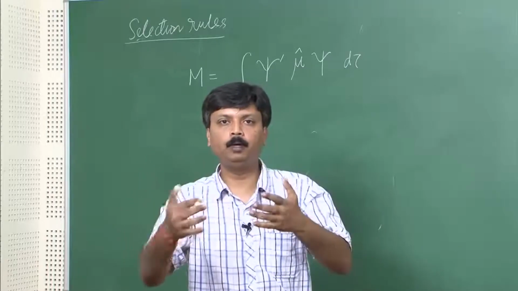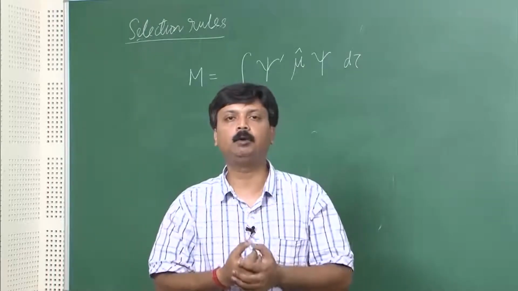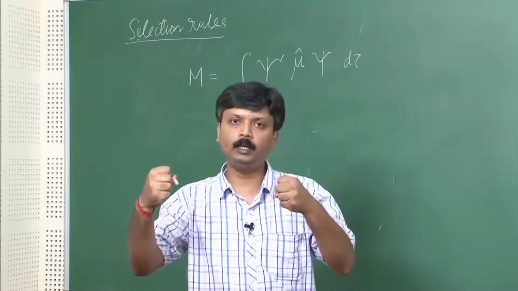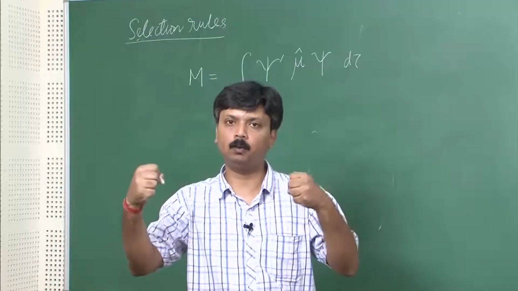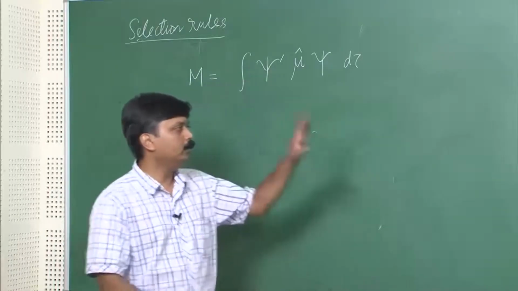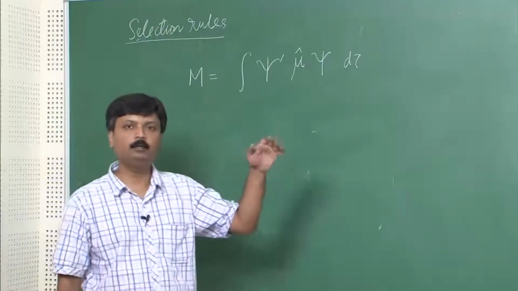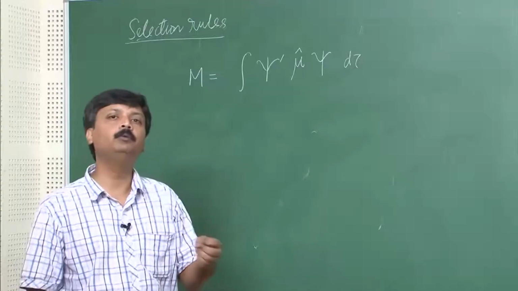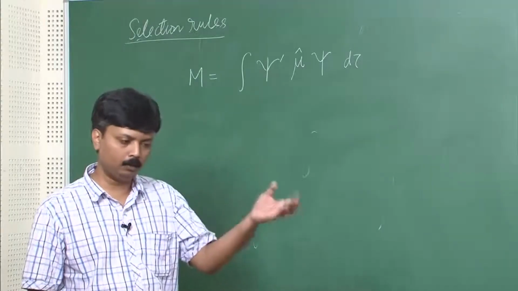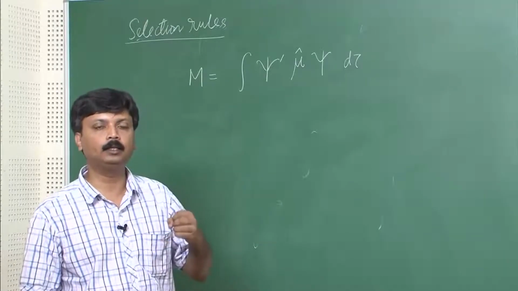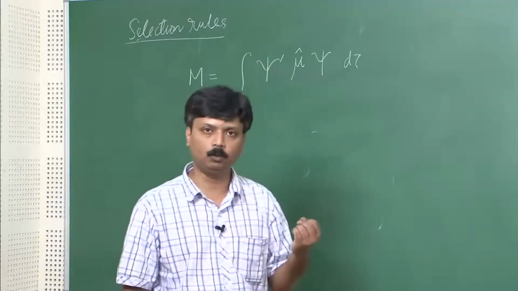Then we were probing all these motions, their transition probabilities and so on. So the coordinate that we looked at was the nuclear coordinate, correct? And that is still there here. Since we have electronic states and also vibrational states, we will explicitly look at whether it is an electronic coordinate or a vibrational coordinate, right?